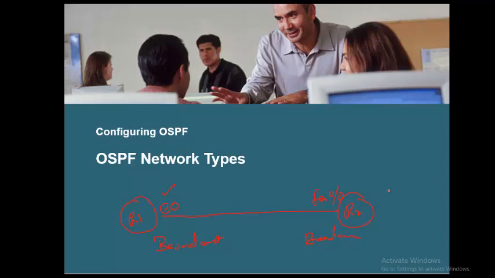So there should be a DR-BDR election to avoid duplication of updates, which will result in loops. So there will be a DR and there will be a BDR. The one with the bigger router ID becomes DR. The other one is BDR. These two we have already seen.